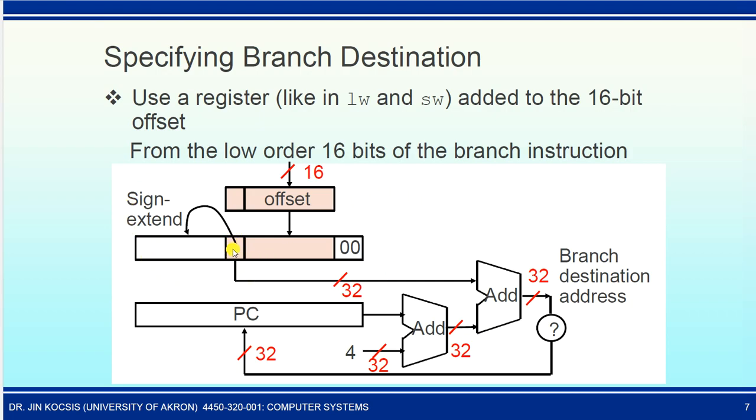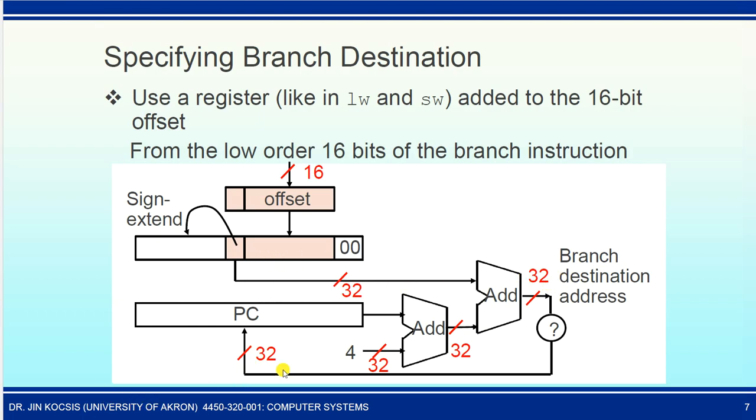Basically, I will take the sign bit and repeat it another 14 times in order to achieve an equivalent value binary number, which now has 32 bits. And then I will use this 32-bit number with the PC plus 4, which is also 32 bits, and add them together. The output of this adder will give the memory address of the target instruction with the given label.